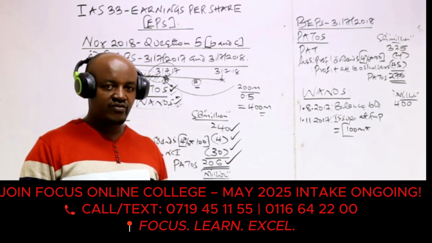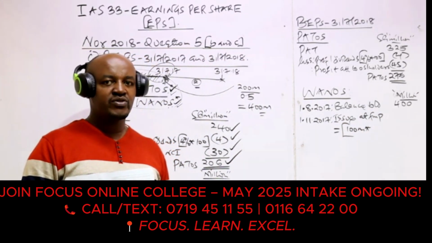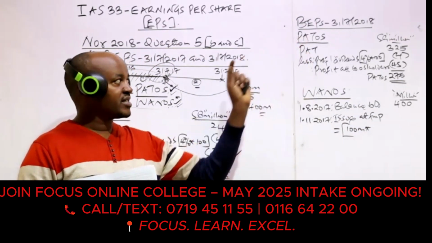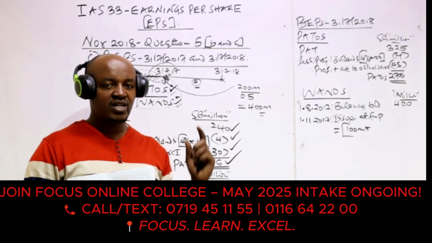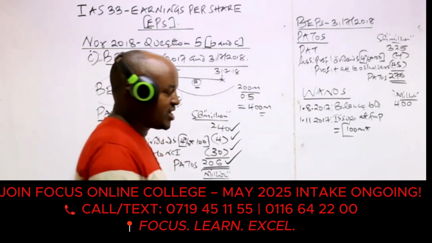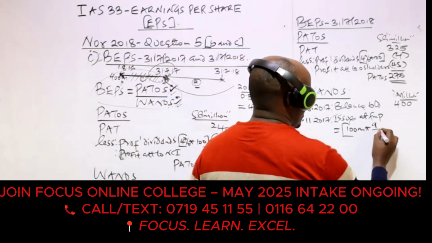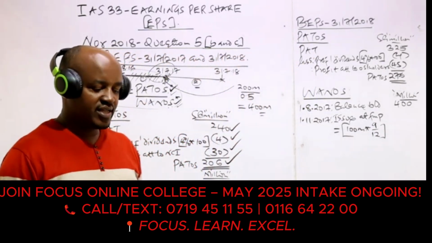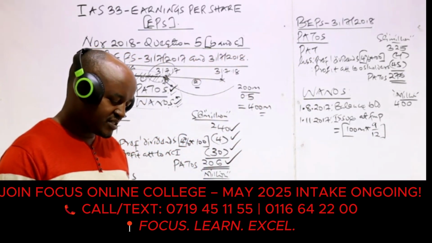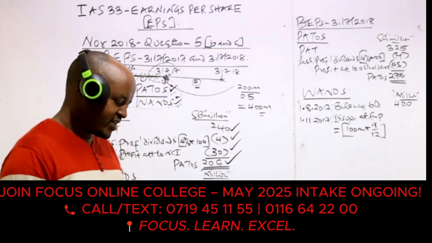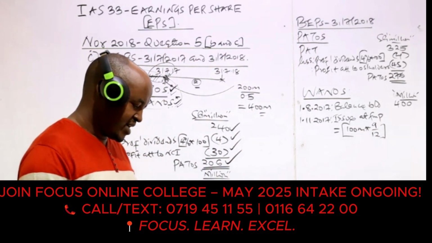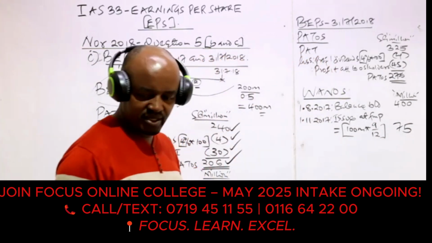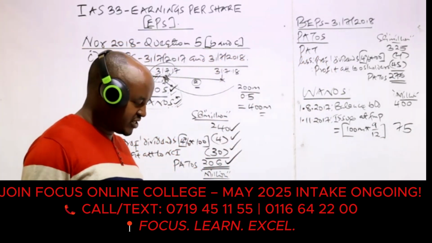They were held in November of 2017, December of 2017, and then how many months in 2018? 7 months in 2018, because you can see that here was ending July. So these shares were held for 9 months out of 12. So in that case, we say that those particular shares have been weighted on time basis. So we have 100 million times 9 divided by 12, which will give us 75 million. So that's basically how we deal with such shares which are issued at full market price.